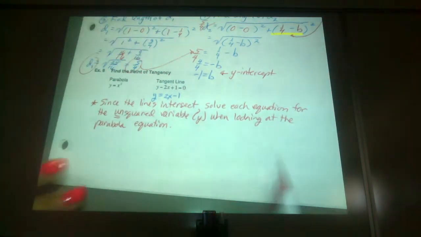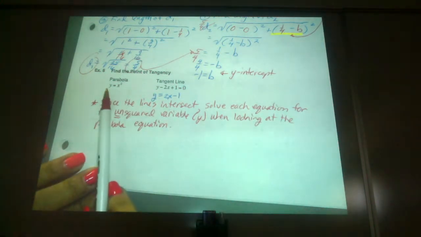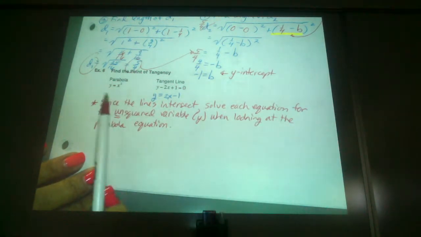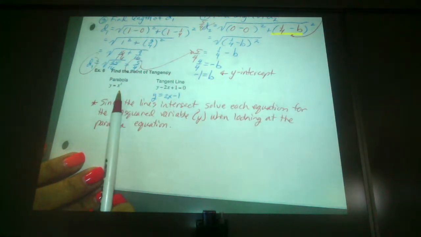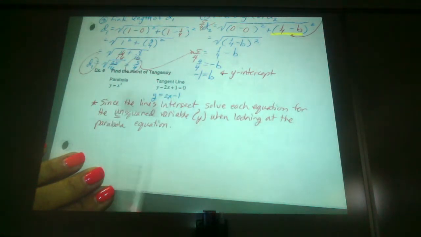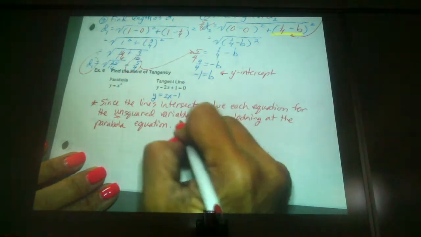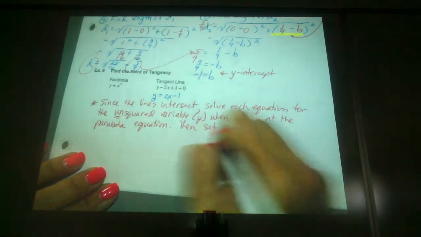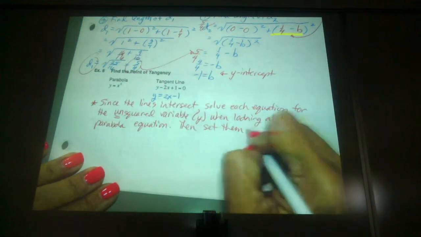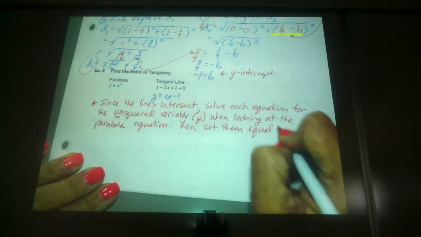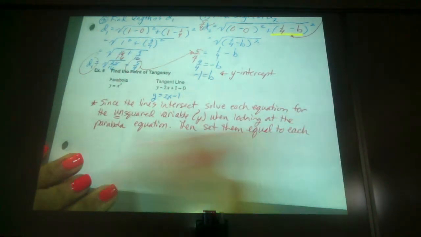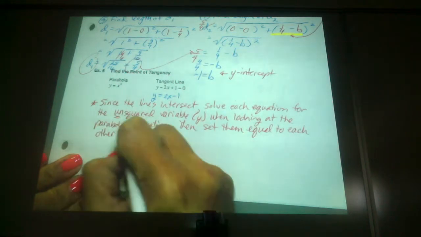So that's why I'm choosing to solve for y. If I had y squared equals x, I would be solving both of these for x. So bear that in mind, that's what I mean by that. Then set them equal to each other, and solve.